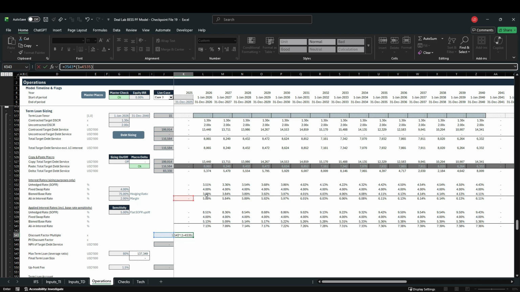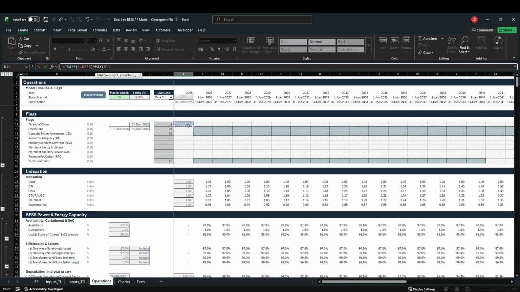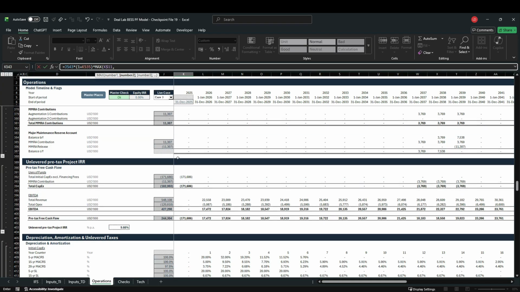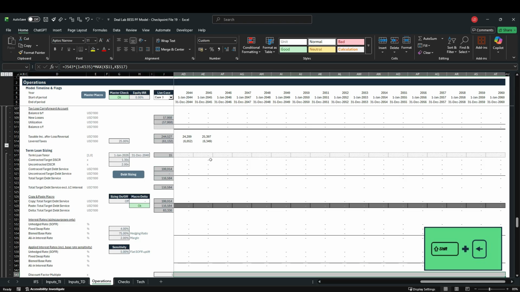Close parentheses, and we'll multiply this by 2 different flags with a max function. So we want this to be the maximum of either we want financial close to occur, which is going to be the first period, so we don't want to lose our value 1. Hit F4 2 times to make sure that we are not losing our 1, comma, and then we'll also multiply this with our term loan tenor flag in 517, hit F4 2 times. Close parentheses, hit enter, and let's drag this over, Control R.